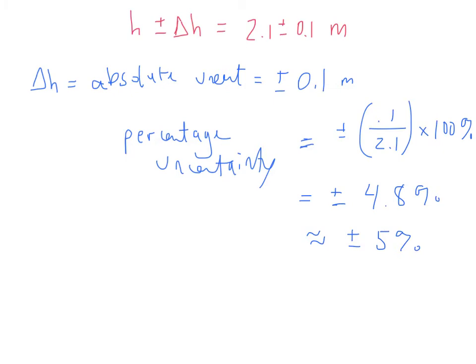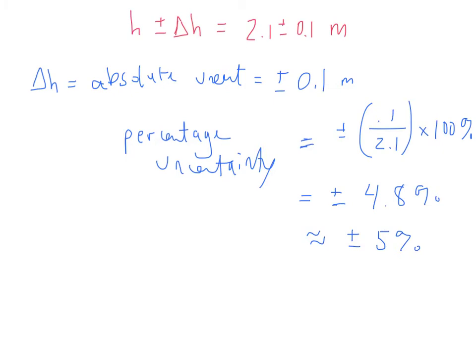The way that we deal with sig figs for percentage uncertainty is we round to the nearest percentage. That's usually the way it's done in high school. You round to 5% or 18% or 92%. So sometimes the percentage uncertainty will have two sig figs, and sometimes just one, and that's okay.